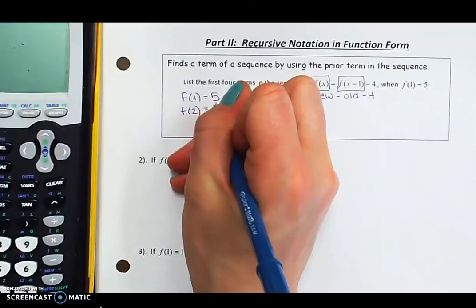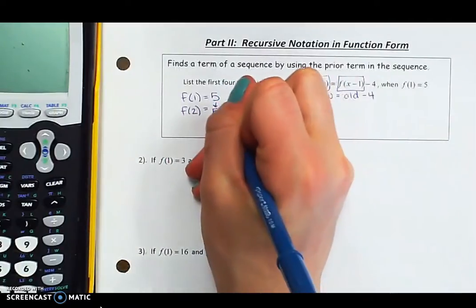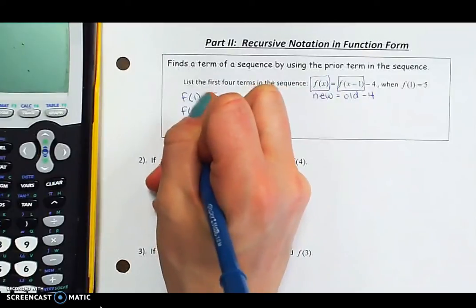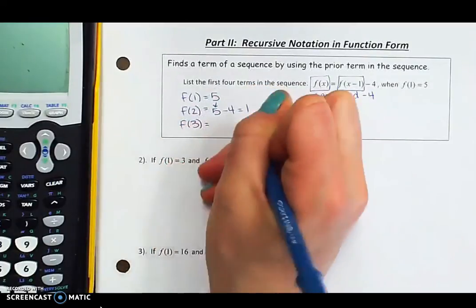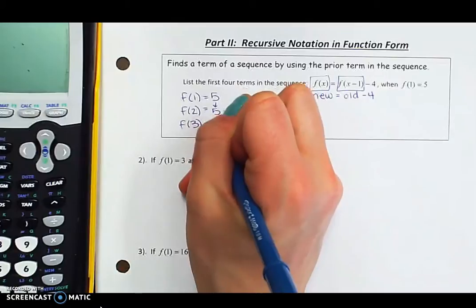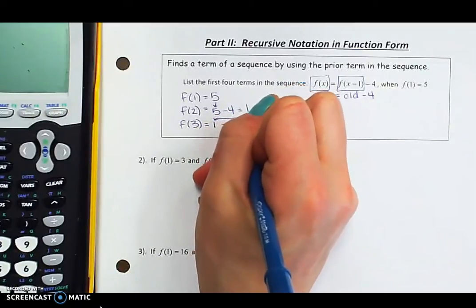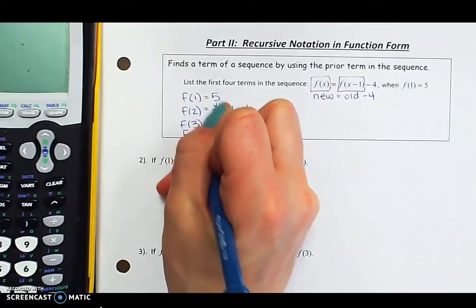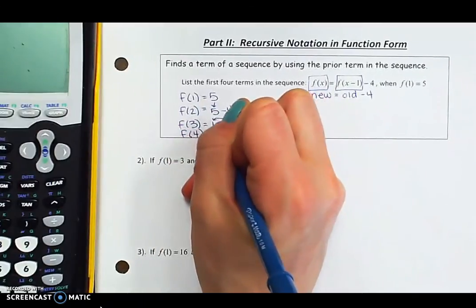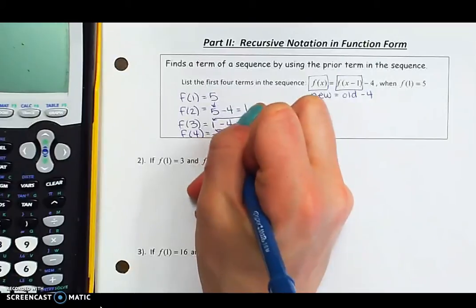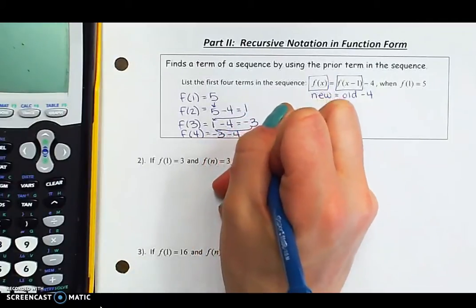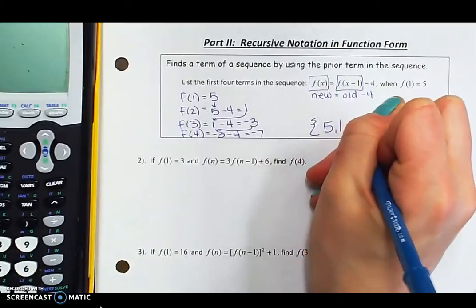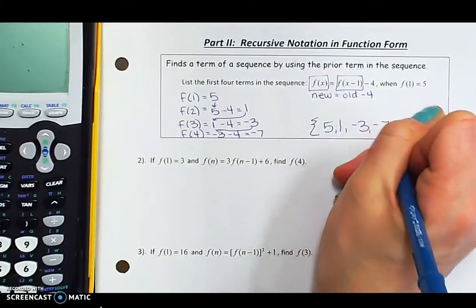So I'm going to bring this 5 down. It's going to be 5 minus 4, which gives us 1. To find f of 3, I take my old, which is going to be 1, and I subtract 4, which gives me -3. To find f of 4, my fourth term, I take the old number, I bring it down, -3 minus 4, we get -7. So my 4 numbers are 5, 1, -3, and -7.